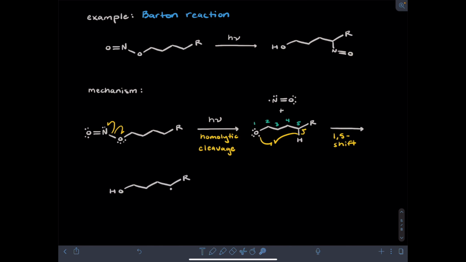This generates a new OH bond and a carbon radical at the 5 position. And to form the final carbon-nitrogen bond of the product, you could have a coupling reaction between the carbon radical and the NO radical. So you could bring these 2 radicals together, and this would generate that final carbon-nitrogen bond of the product.